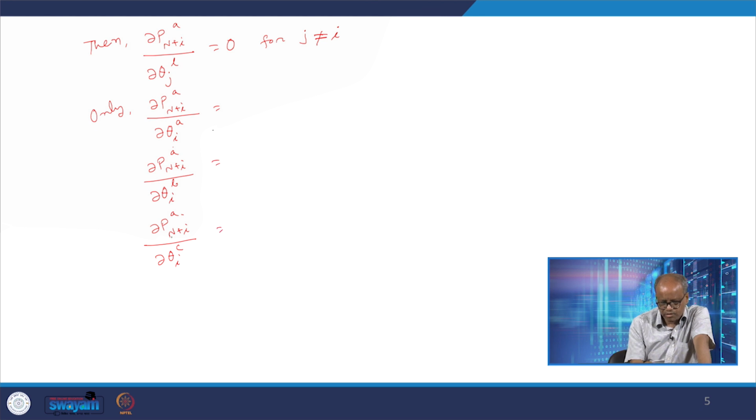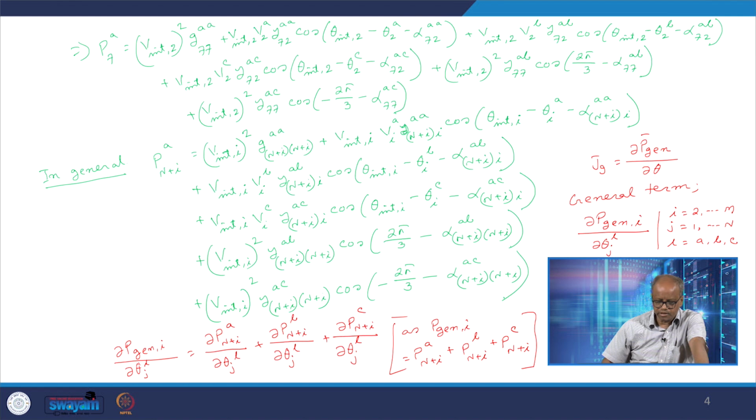Only these three terms will exist, right. Only these terms will exist. Now for example, what would be the expression of del P n plus i a by del theta i a? For example, we can simply find out.